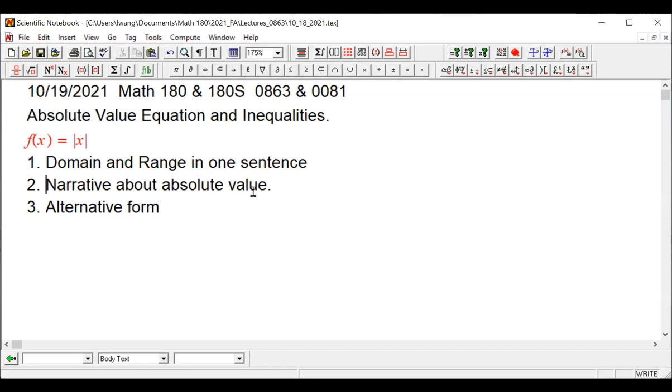Can you tell me the domain and range in one sentence, the narrative about the absolute value, and the alternative form of that function, and of course the graph and everything?